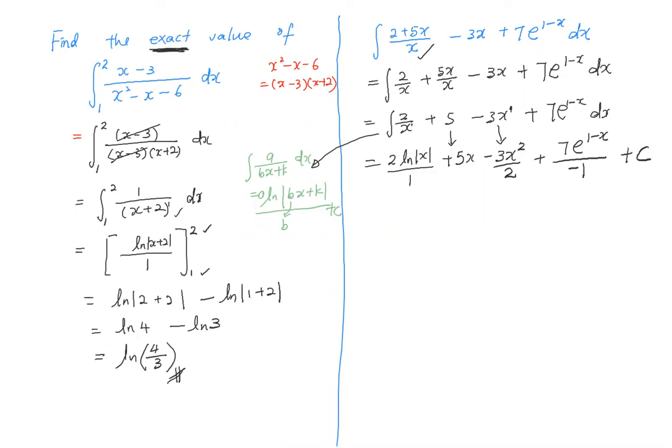So I get 2 ln modulus x plus 5x, take away 3x squared over 2, take away 7 e to the power 1 minus x, plus c.